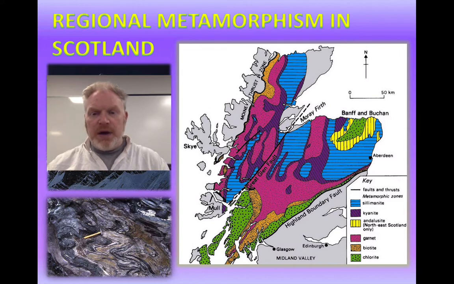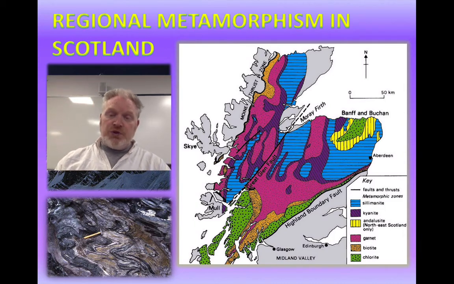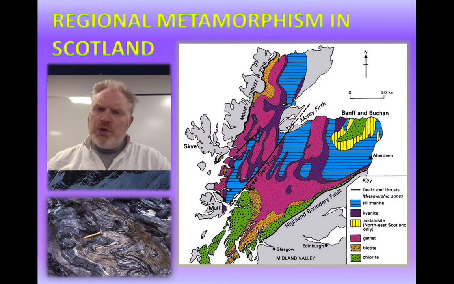You can see on this map that the blue and the red colours, which take up most of the Highlands, are the higher temperature and pressure minerals. The green and yellow areas on this map are the lower temperature and pressure minerals. So we can see that there's a variety here.